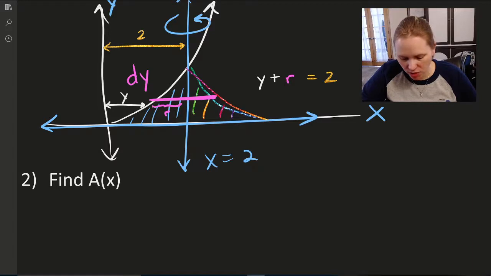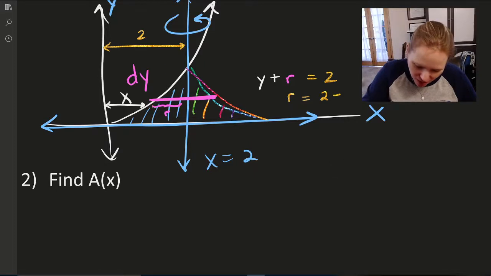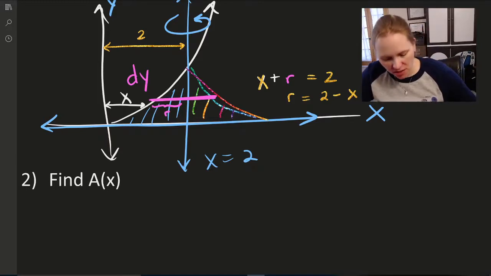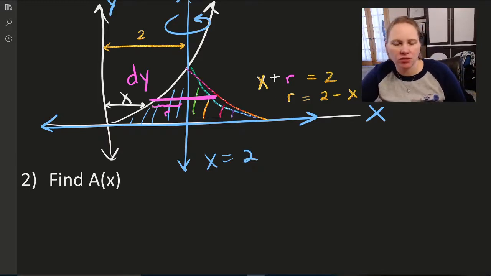So y plus r should make that whole distance, which means r equals 2 minus, oh, and that's x. It looked like a y. 2 minus x. So sometimes it's really tricky to figure out what the r is, and you really have to have a good handle on the geometry and setting up your problems. So here, r is 2 minus x.